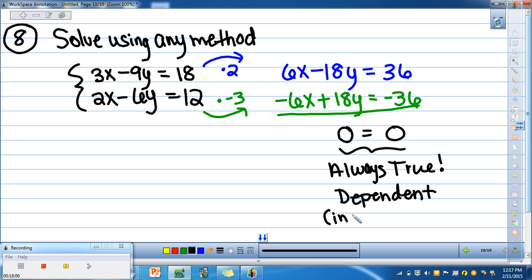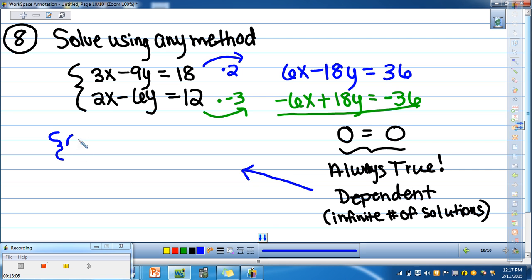This is an infinite number of solutions. The way we're actually going to write our answer for this one, using what's called set builder notation, we're going to say all values of x and y such that 3x minus 9y equals 18.